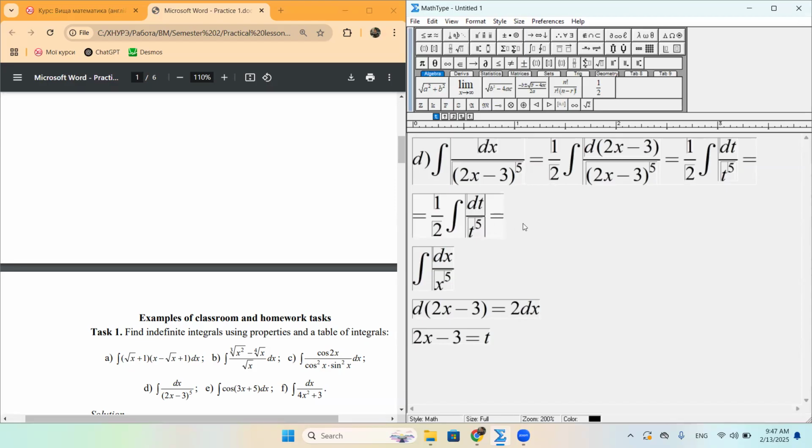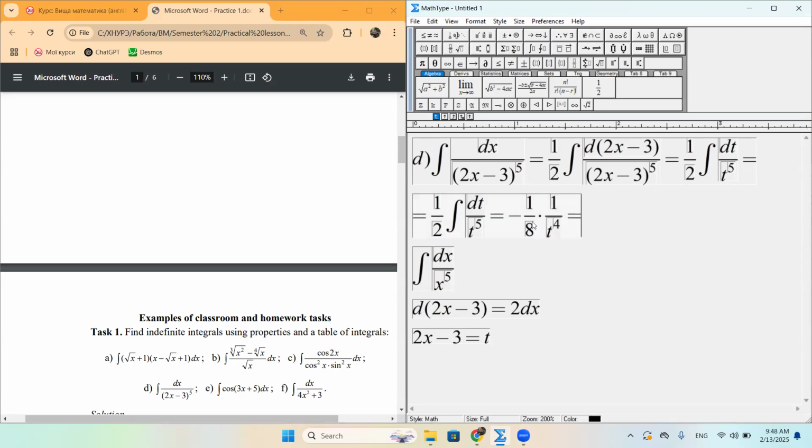So we will receive, so this is power of -5, and in the antiderivative we will have power of -4, and so divide by -4. So it equals -1/8 divided by 1 by t in power of 4.